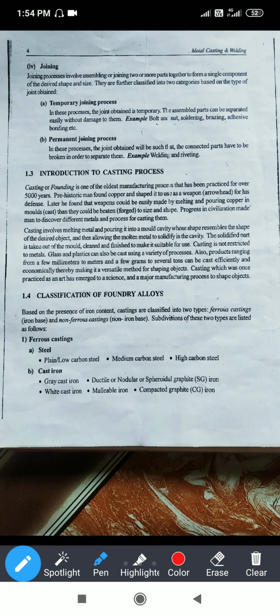Now see how joining is done. The best part of this manufacturing method is the fabrication workshop. The bus body, the car body, or your bike chassis are not manufactured by the casting method or forging method or any other method.